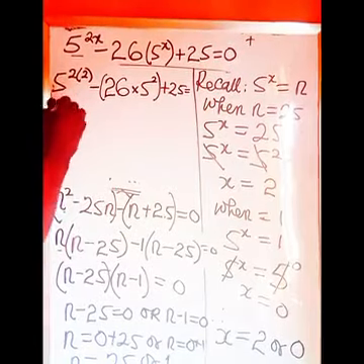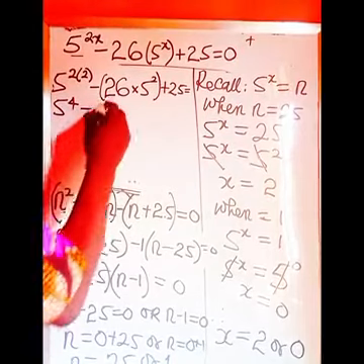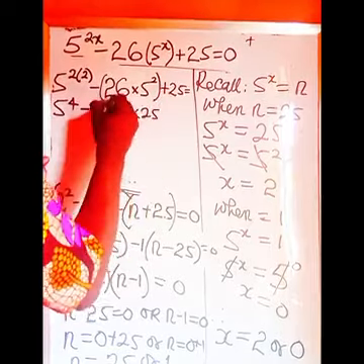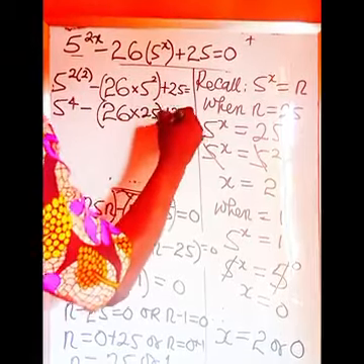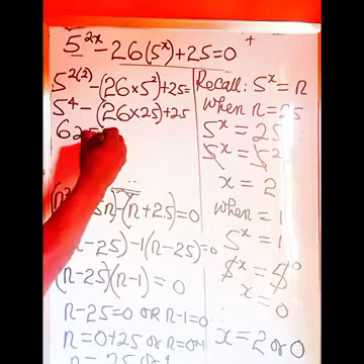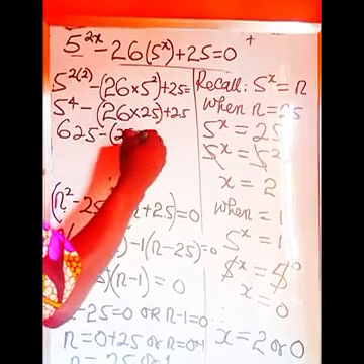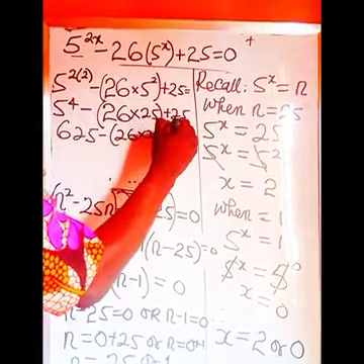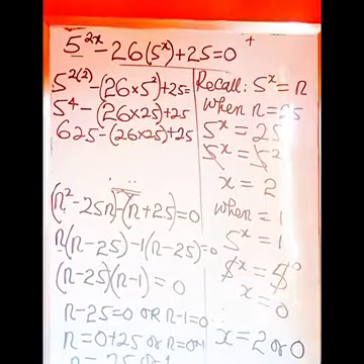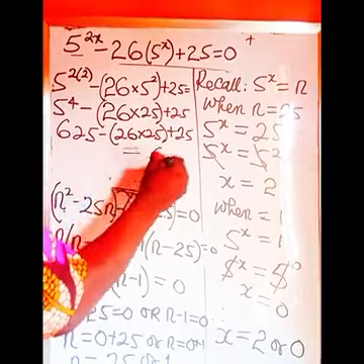This will give us 5 raised to the power 4 minus 26 times 25 plus 25. If you work it out, this is 625 minus 26 times 25, plus 25. If you work this out, it must surely give you 0.